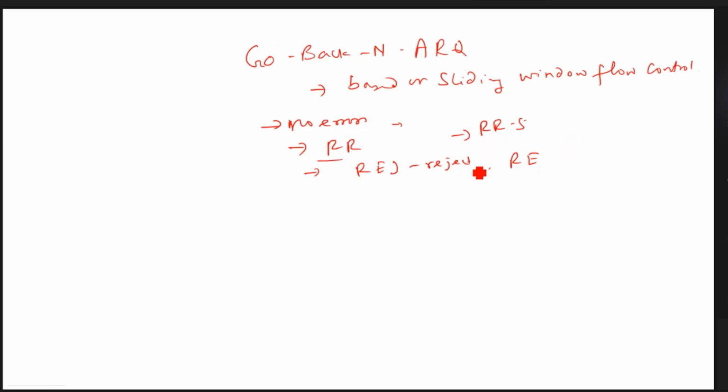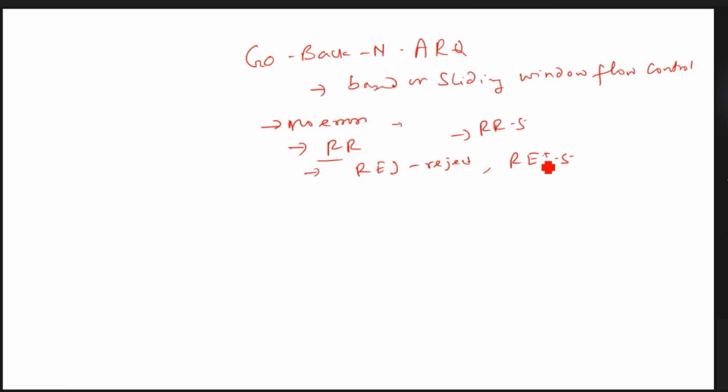There are no errors, but if some error is there, then the destination station will send the negative acknowledgement, that is REJ. Say REJ5 means frame 5 is in error and it is asking to repeat the frames.